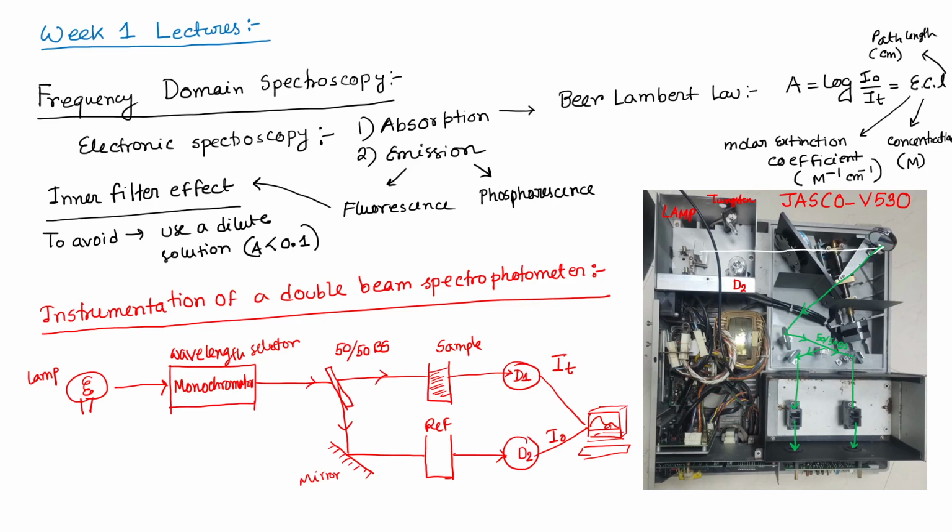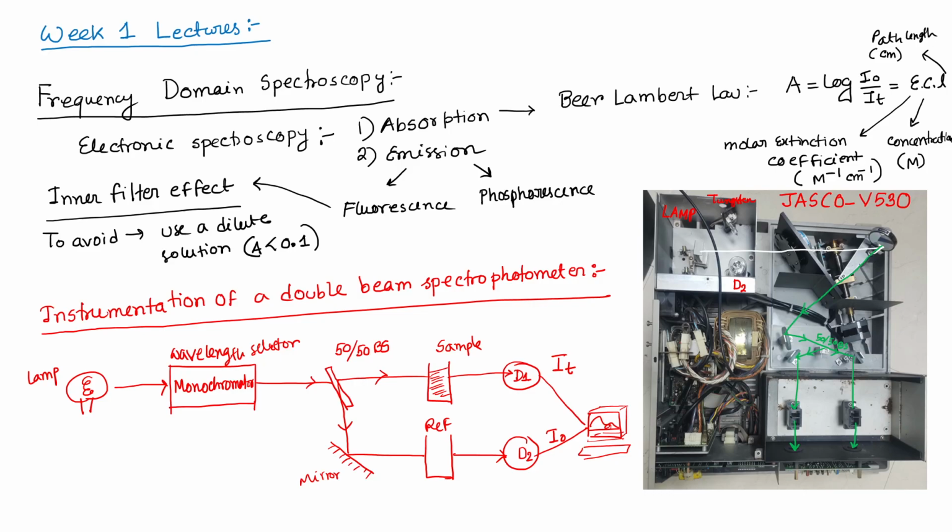In this kind of instrumentation, you may find one problem: the detectors you are using may not have similar sensitivity. Then the problem will come that you are not detecting properly.